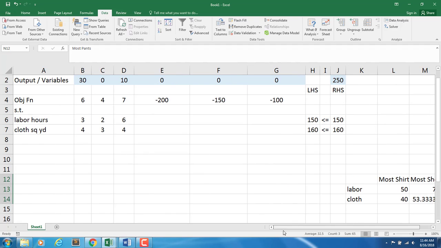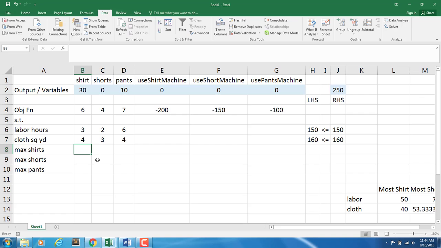That's going to be max shirts, max shorts, max pants.